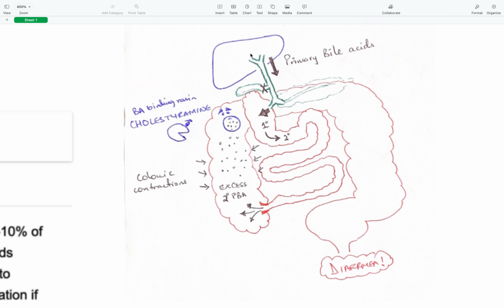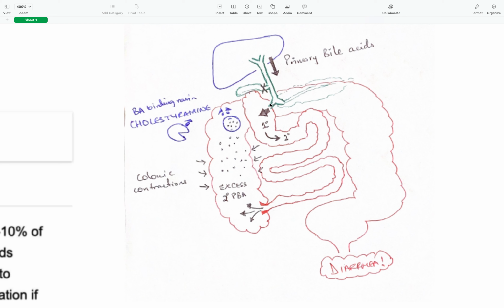So a lot of primary bile acid, which has been prepared in the liver, now moves on to the second part of the duodenum. Okay. Now the bacteria convert the primary to secondary bile acids. Now, these bile acids are normally stored in the gallbladder.